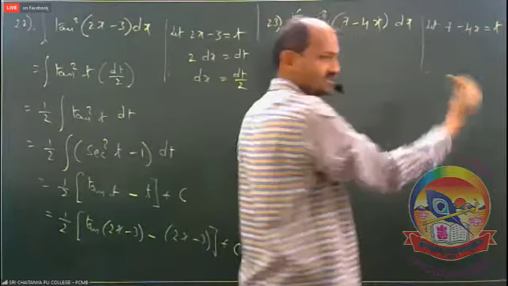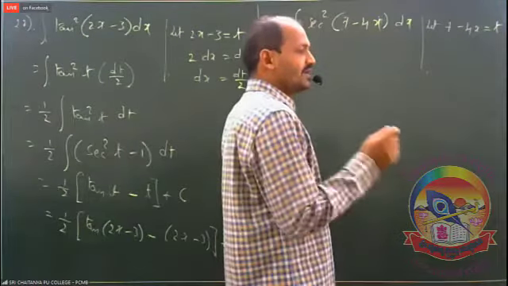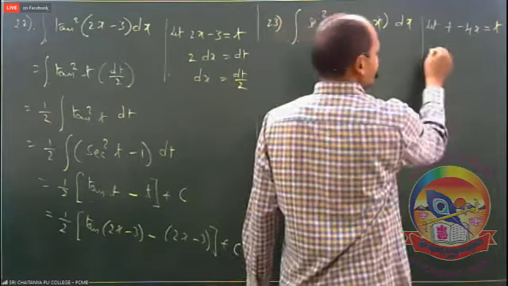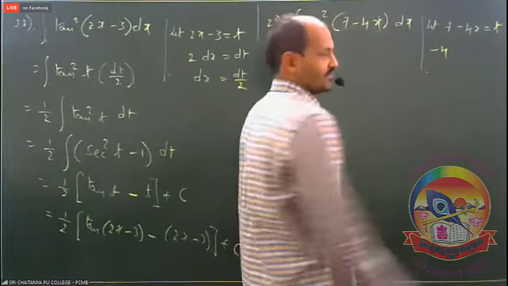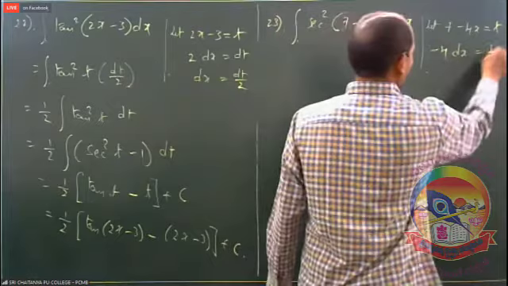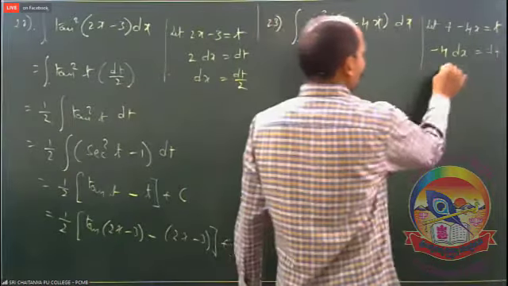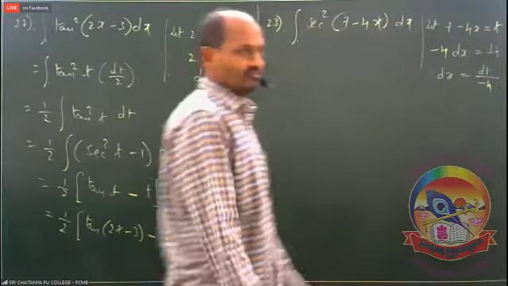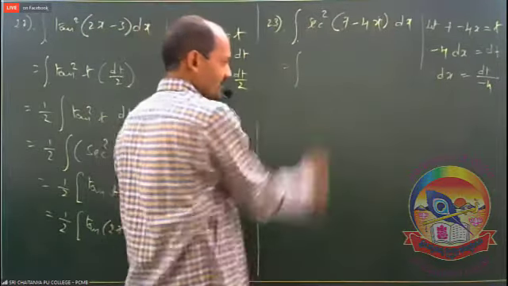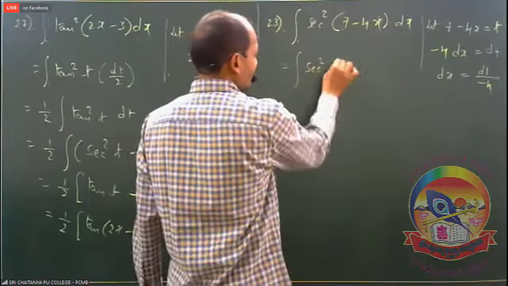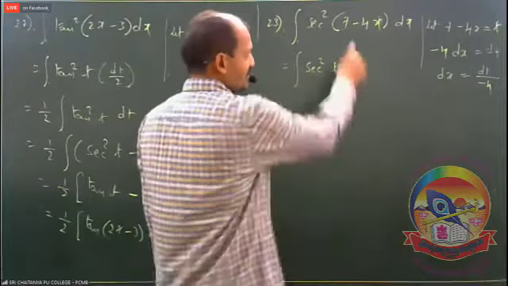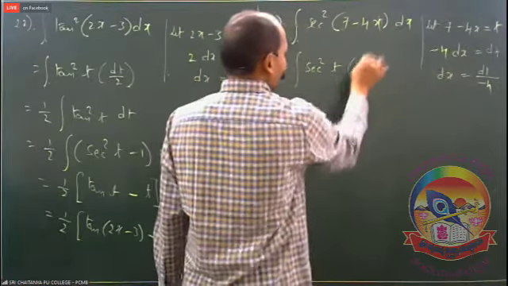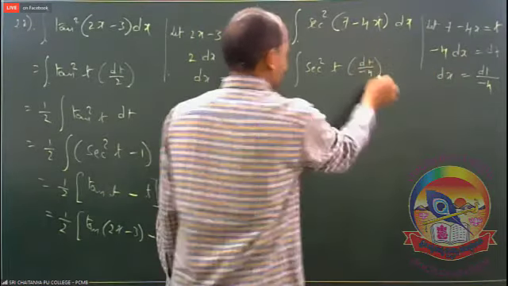Derivative of 7 is a constant, 0. Derivative of minus 4x is minus 4, so minus 4 dx is equal to dt. So here dx is equal to dt divided by minus 4. So it is the integral of secant square t. This 7 minus 4x we consider as t, and dx is dt divided by minus 4.